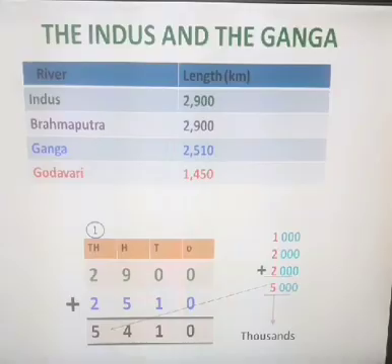Now look at the thousands column. Children, in thousands column we have 1 as a carryover, 2 and again 2. As these numbers are in the thousands column, let us call these numbers as 1000, 2000s and again 2000s.